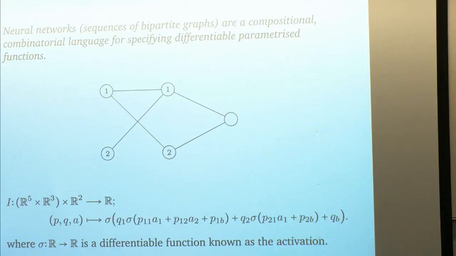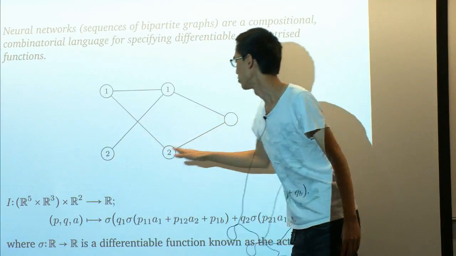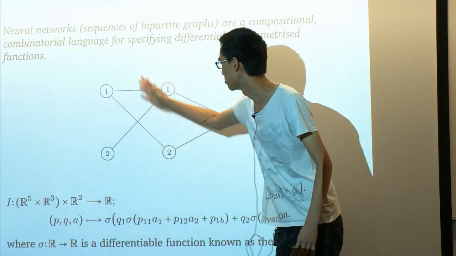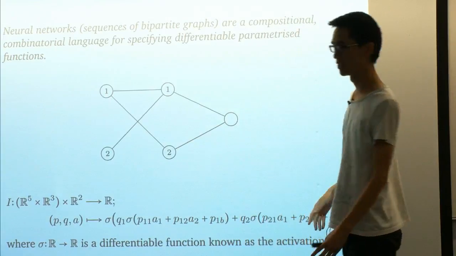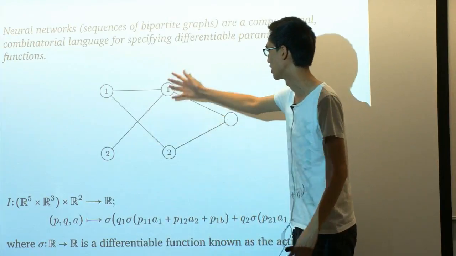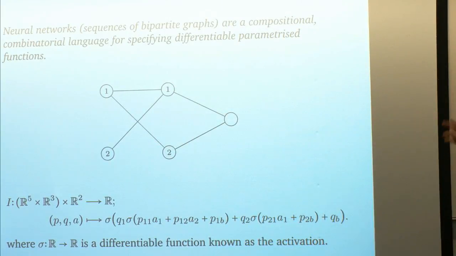So here's a sequence, firstly, of natural numbers, 2, 2, 1. And then for each consecutive pair of natural numbers, I can put a simple undirected bipartite graph between them. That is the connections, which we think of as connections between these nodes, which we think of as virtual neurons or neurologically inspired.